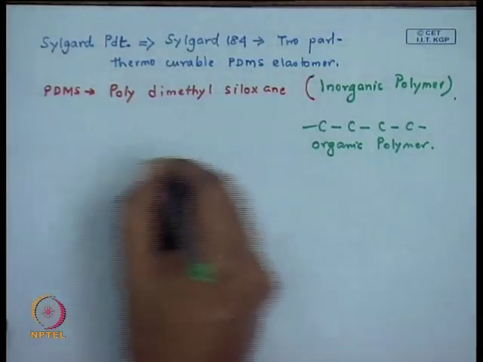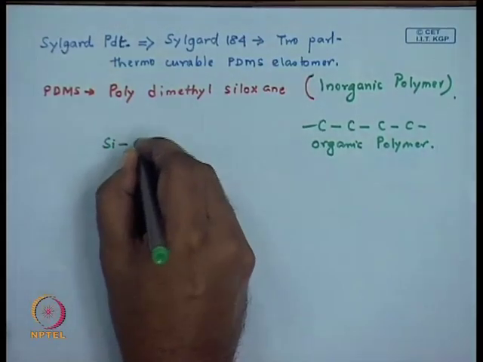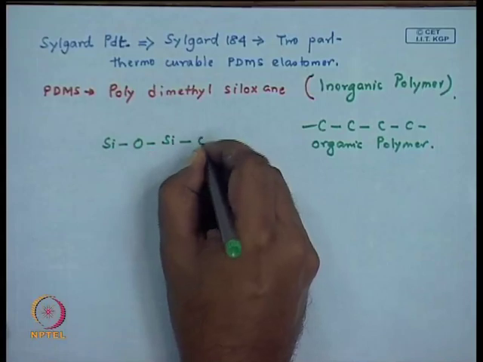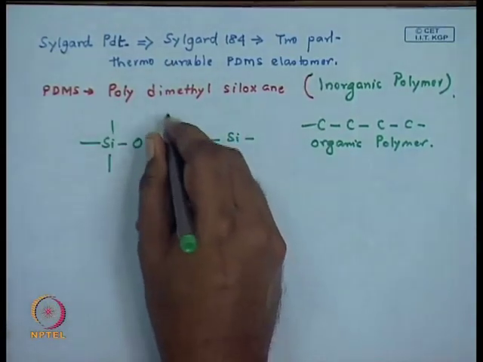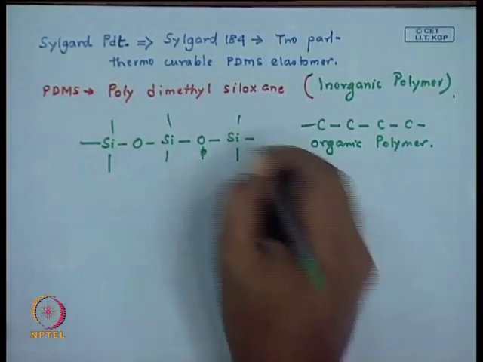In contrast, a siloxane group has a silicon-oxygen backbone, and with this silicon, the methyl groups are attached.